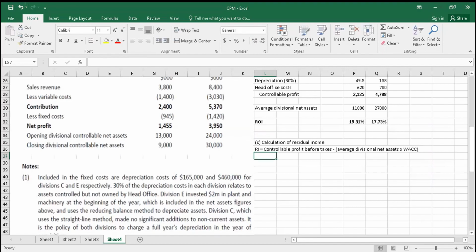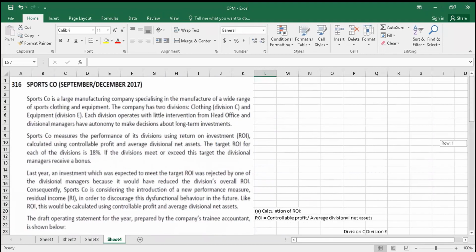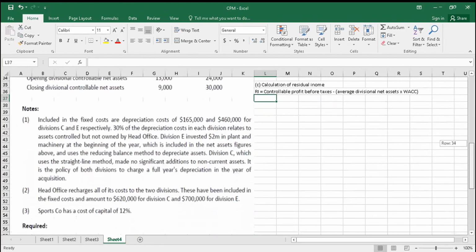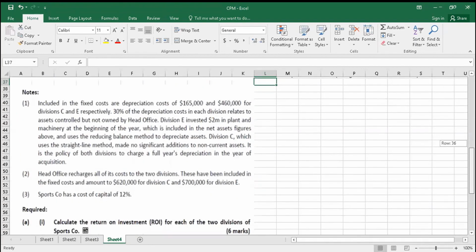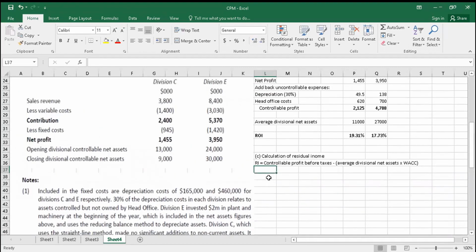Did we see WACC anywhere? So the expected ROI is... cost of capital is 12%. The sports company has a cost of capital of 12%. So I think we can calculate it here directly. RI is equal to this minus, in brackets, investment into 12%.